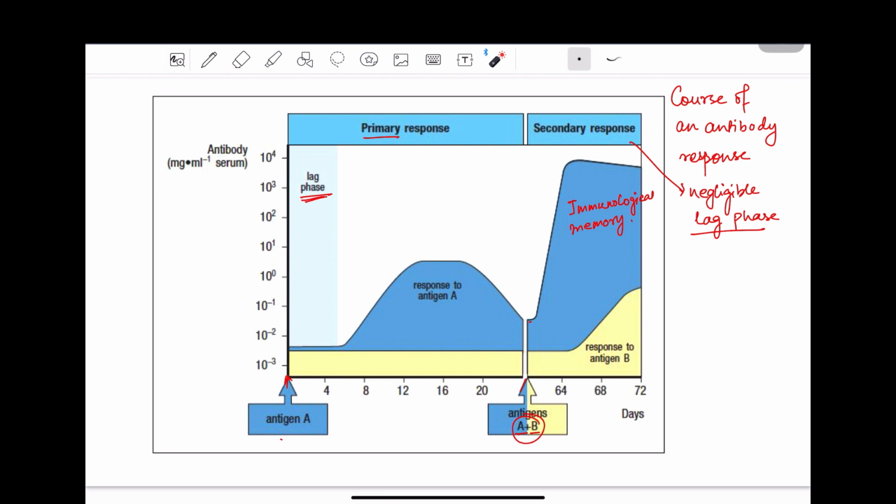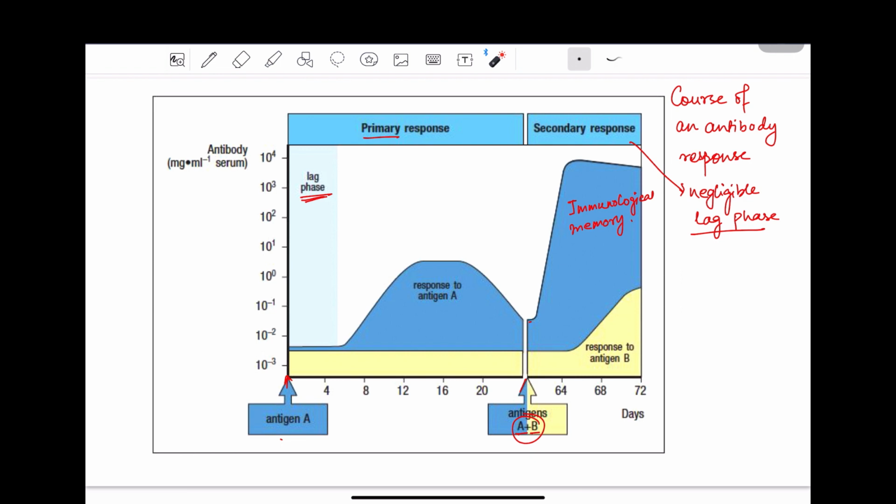So therefore, the graph of antigen B here shows a very similar curve as that of the primary response. So that is why it has a much longer lag period. So this part is the lag period where the response towards antigen B is not activated yet, right? So this is the lag period of the antigen B response, and then the B response starts to increase, but slowly, not as rapidly as the secondary response.